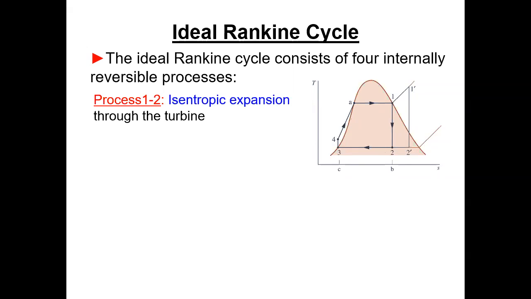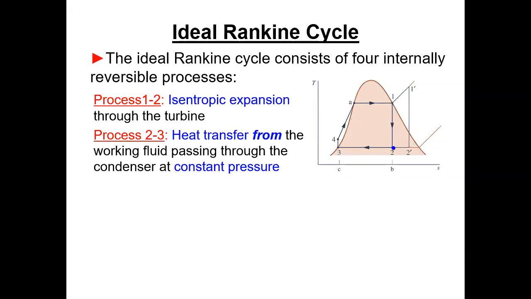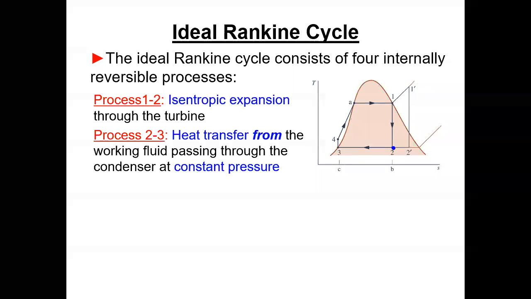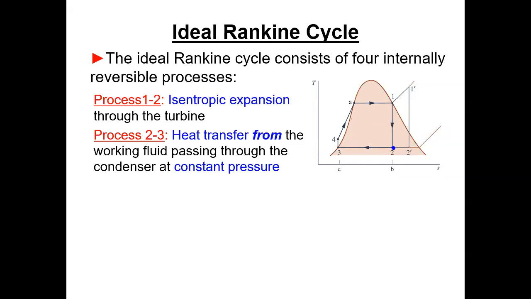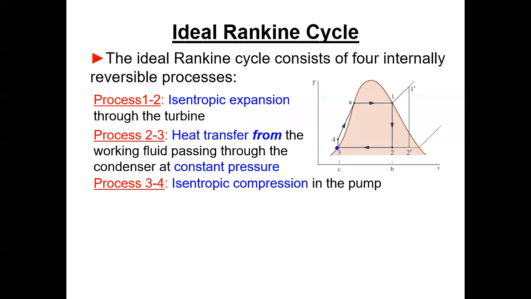Our assumptions: 1 to 2 isentropic expansion in the turbine, 2 to 3 heat transfer at constant pressure at the low pressure in the condenser, 3 to 4 a nice isentropic pump, which means we go straight up vertically from our low pressure up to our boiler pressure.